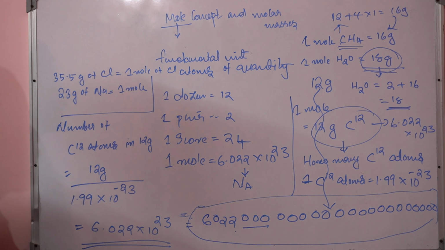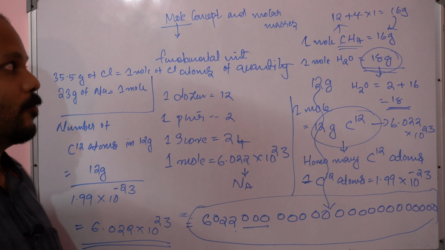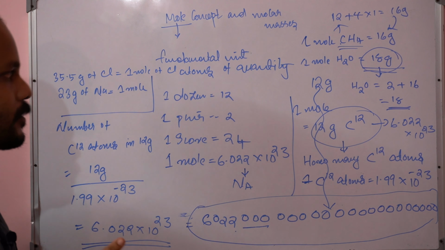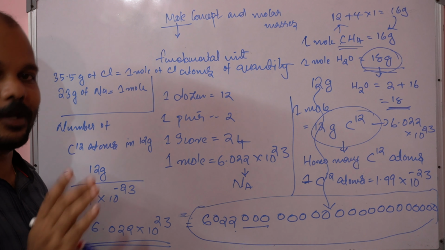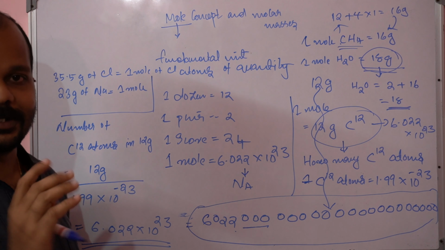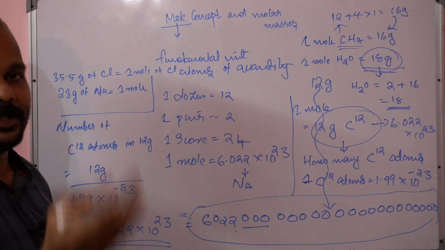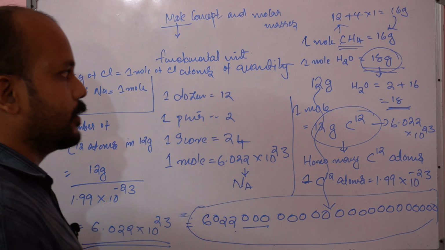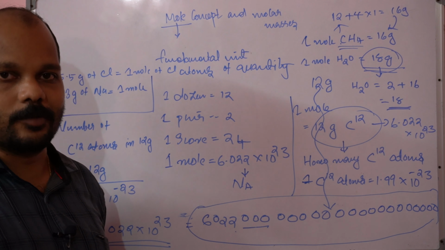Now it is easy to define what gram molecular mass is. Gram molecular mass is nothing but the atomic mass or molecular mass, expressed in gram. And 1 gram molecular mass will contain Avogadro's number of particles.